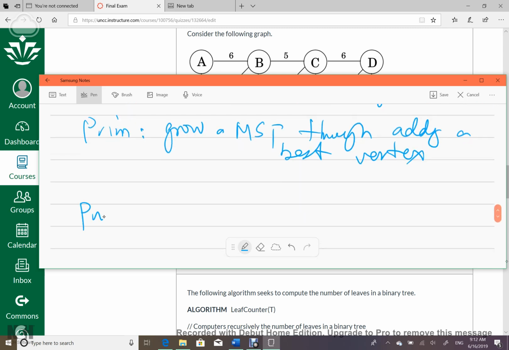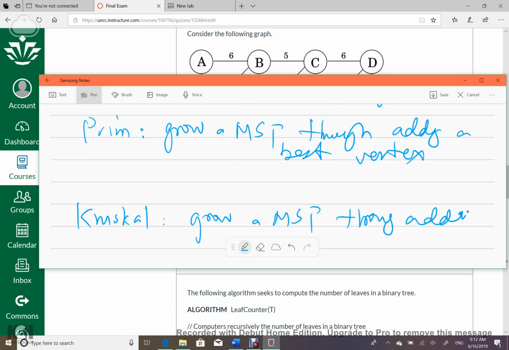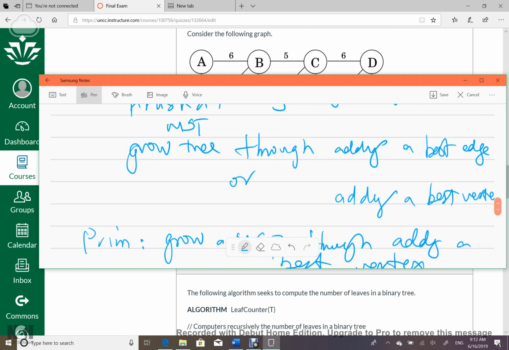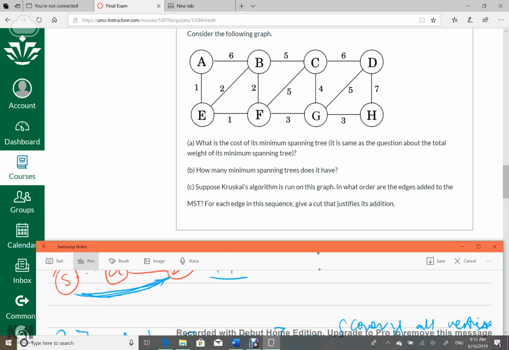And Kruskal grows a minimum spanning tree through adding a best edge. It's two different methods. In this question, we ask you to use the Kruskal method, right?